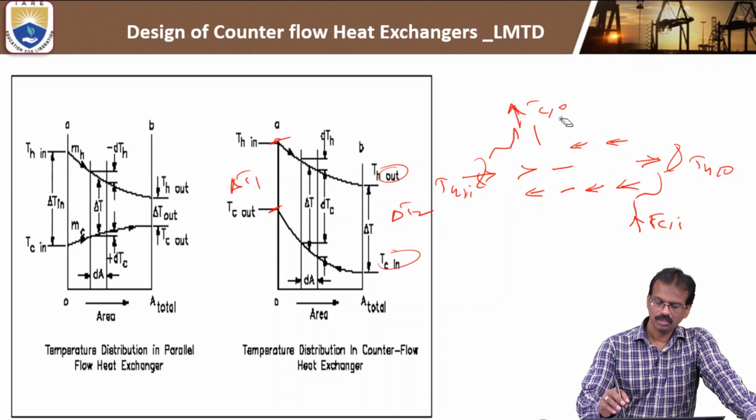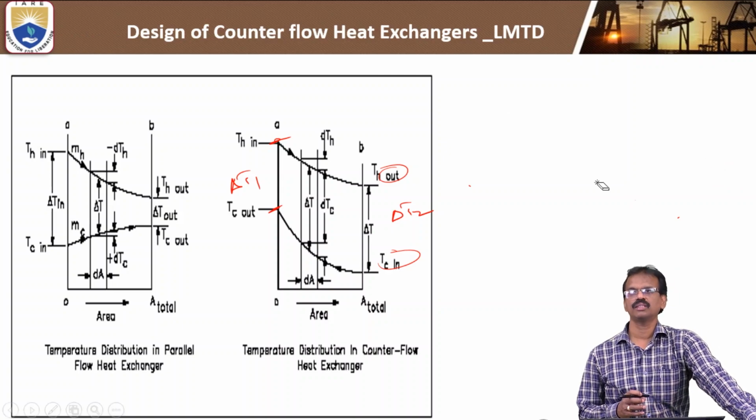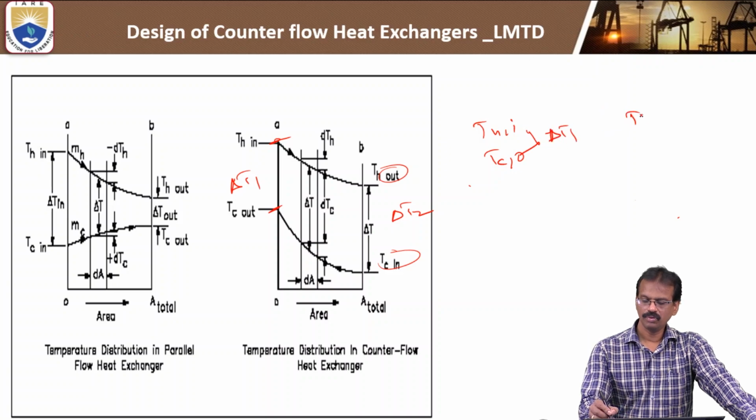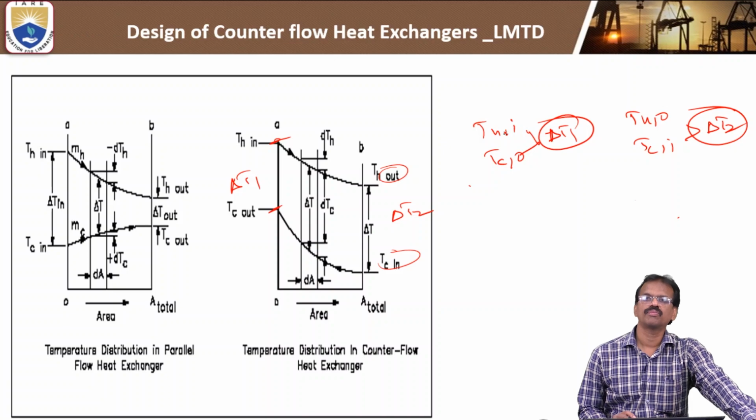Compared to the parallel flow exchanger, this is a little bit different. In the parallel flow exchanger, both inlet temperatures we see on one side, and both outlet temperatures on the other side. Here, the hot fluid inlet and cold fluid outlet are on one side, and that difference is delta T1. The hot fluid outlet and cold fluid inlet are on the other side, and that is delta T2. This is the main difference in the counterflow heat exchanger.